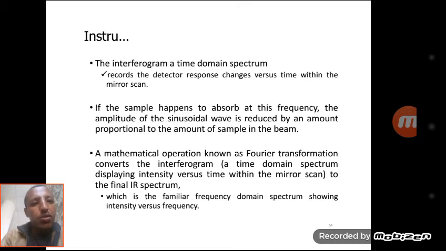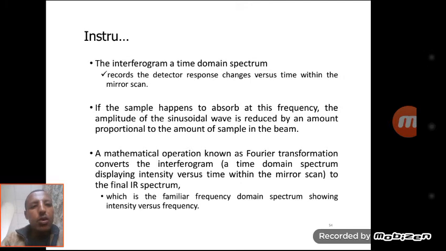If the sample happens to absorb at this frequency, the amplitude of the sinusoidal wave is reduced by an amount proportional to the amount of sample in the beam, because some amount of light is absorbed by the sample and the intensity of the transmitted light is reduced. So the amplitude of the wave is decreased because of decreased intensity of light due to absorption of the light by the sample.